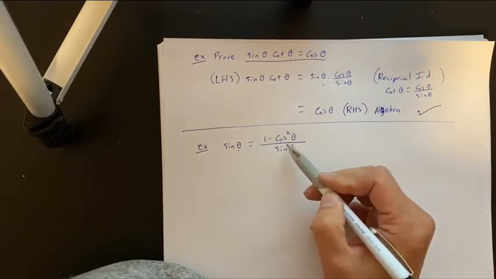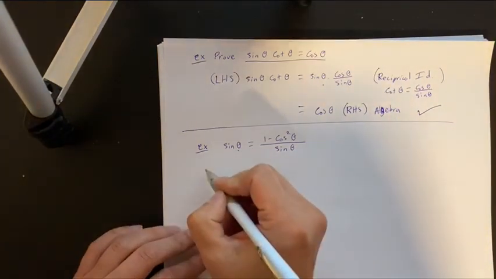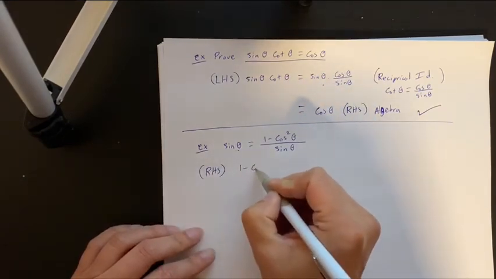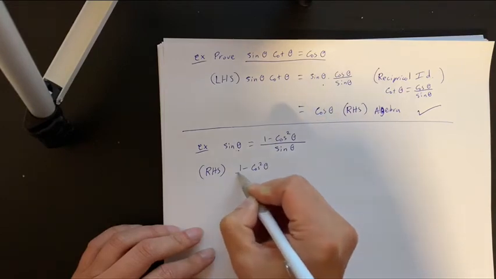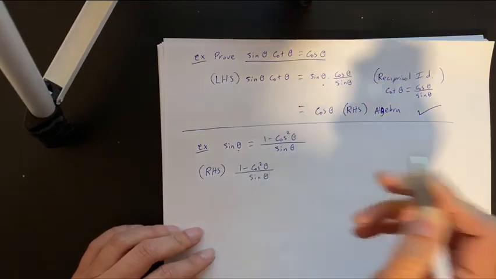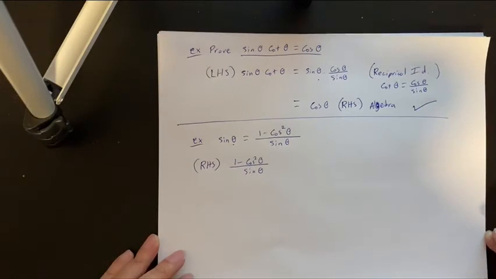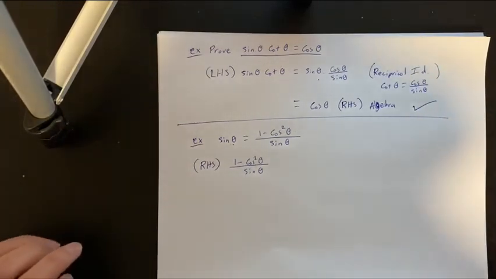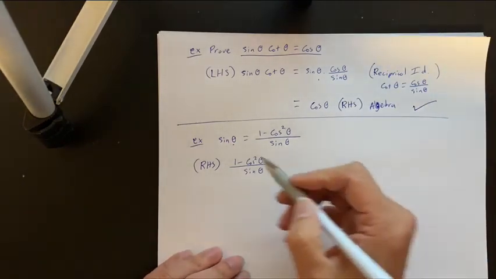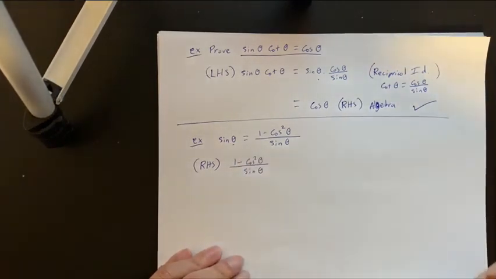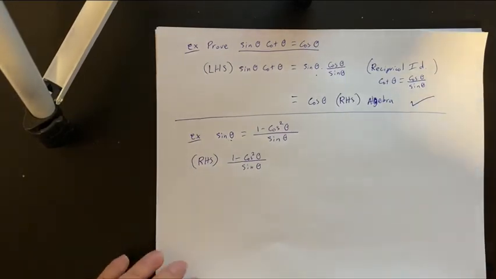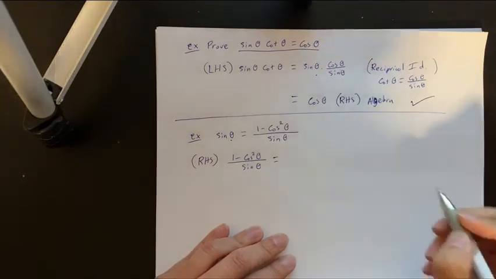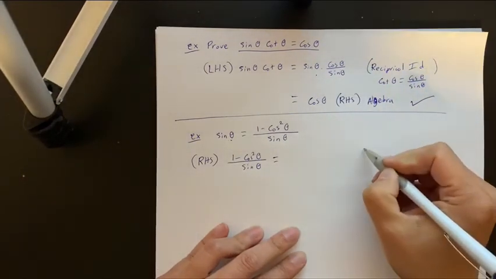So here I'm going to start on the right-hand side, which is 1 minus cosine square theta divided by sine theta, and apply some identity, maybe a few identities, and eventually get this to become just sine theta. Okay, and so the first identity I'm going to apply would be the Pythagorean identity.